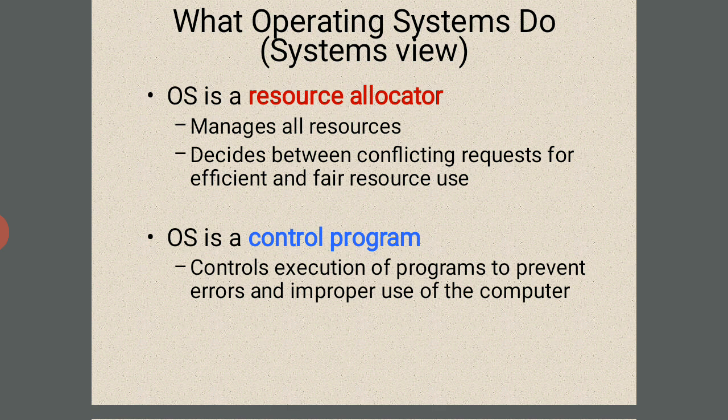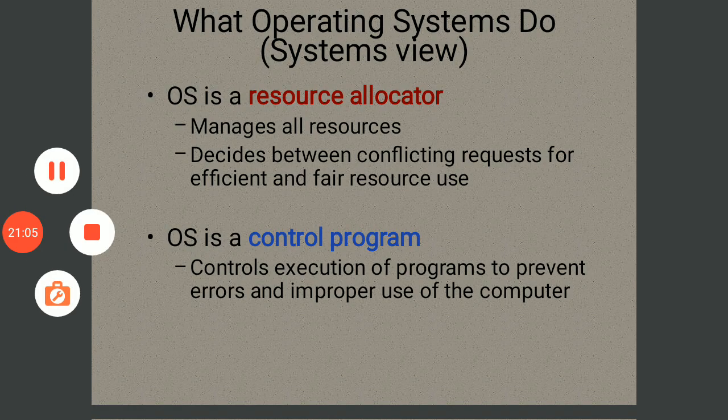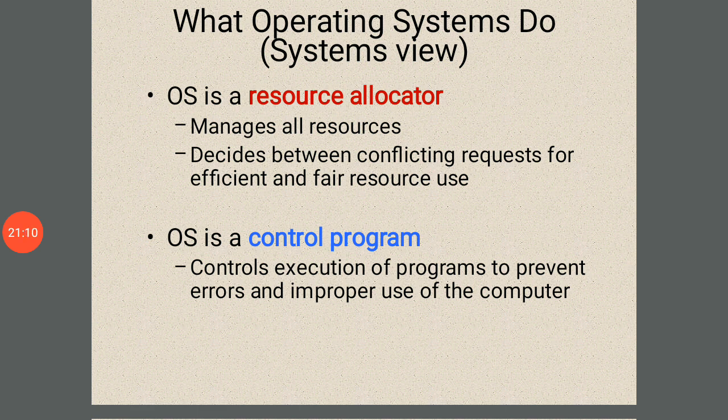Actually, what is a program? A program is a set of instructions. Which types of programs are there? Database programs, and C, C++, Java, Oracle and VB.NET.